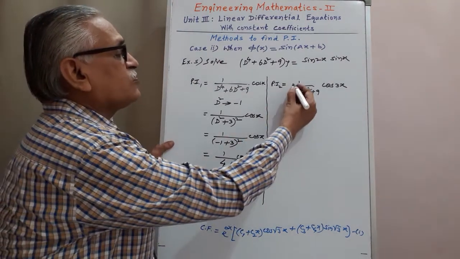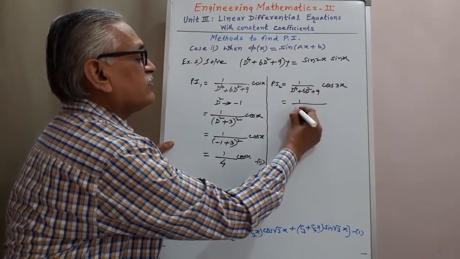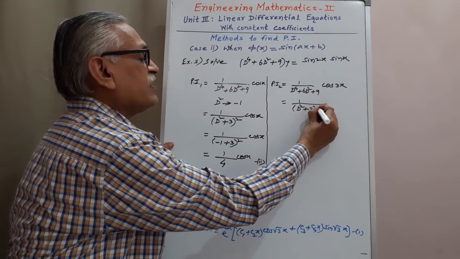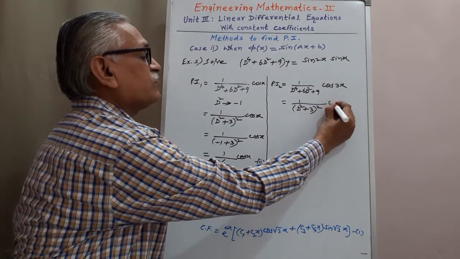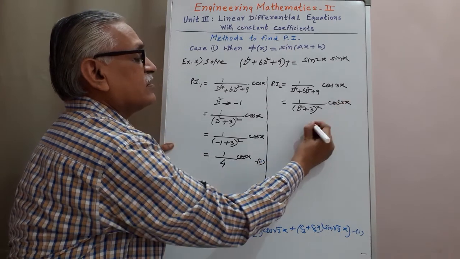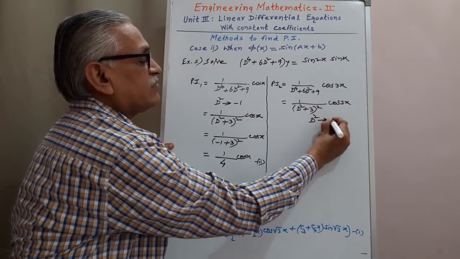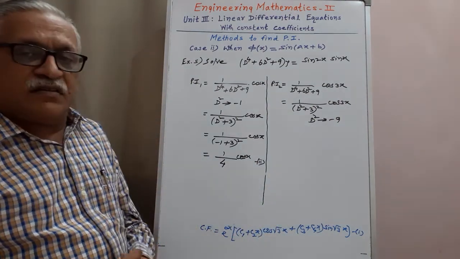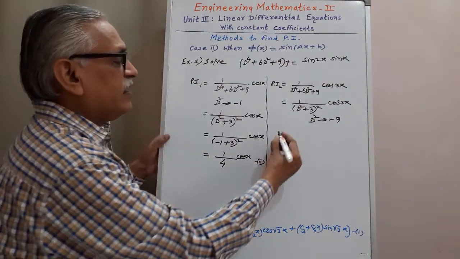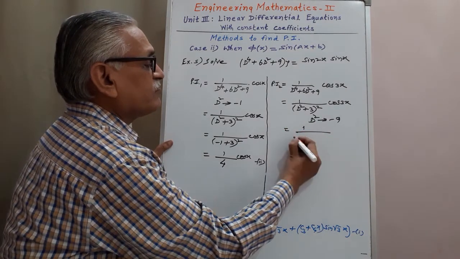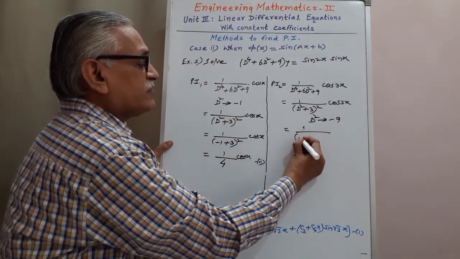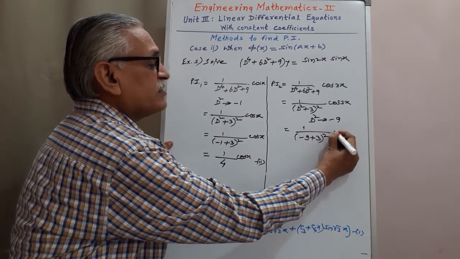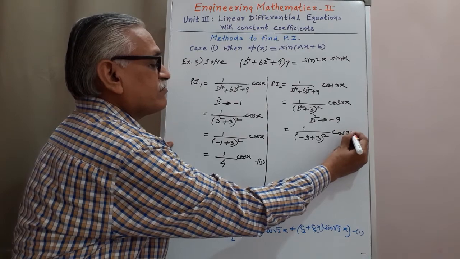Then for PI2, again it is 1 upon D square plus 3 bracket square into cos of 3x. D square replaced by minus a square, 3 square, that is minus 9, and therefore it is 1 upon minus 9 plus 3 bracket square into cos of 3x.